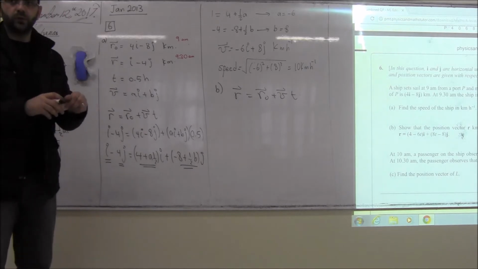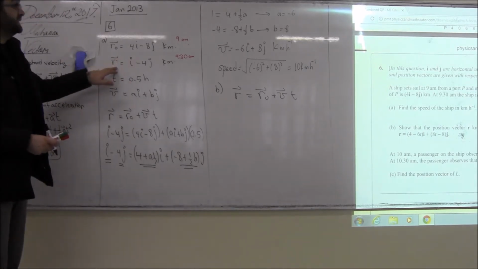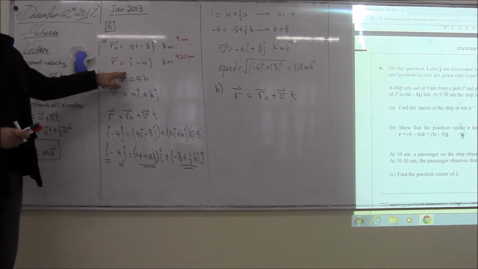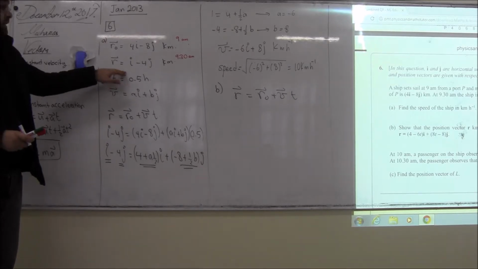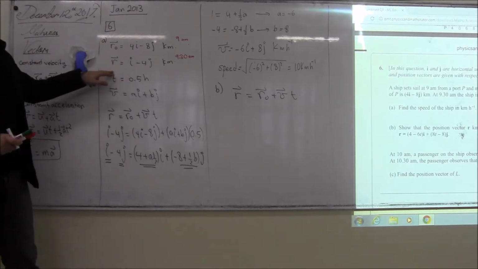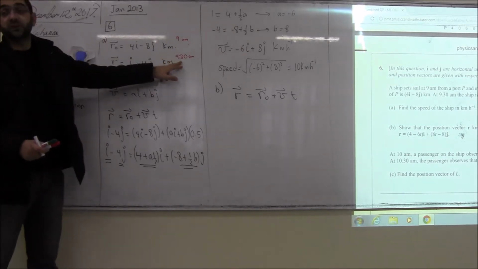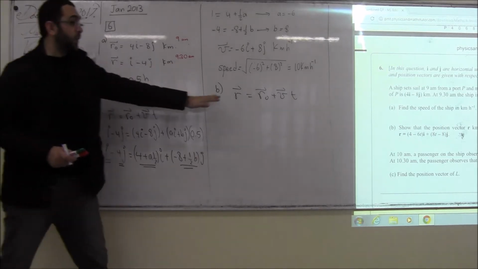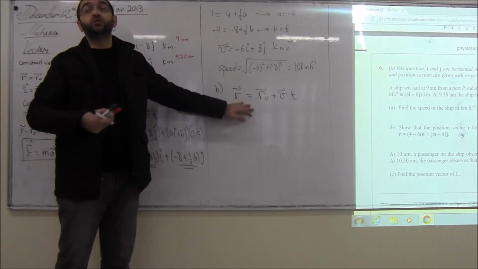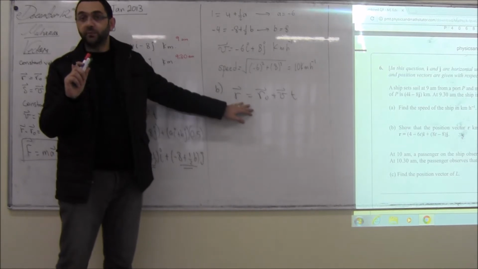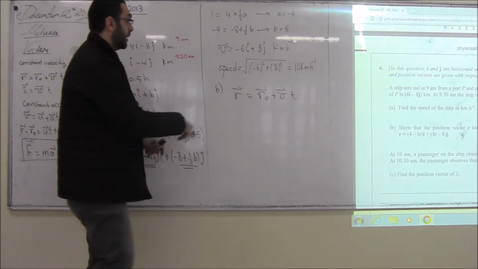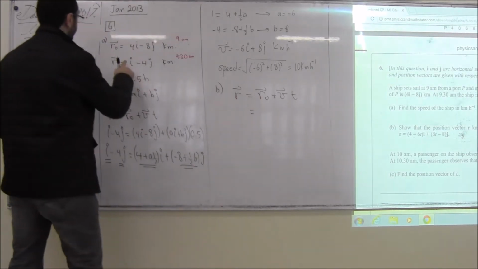Girls, pay attention now. This is the final position, Jasmine, but at time 9:30. Now I will find the final position at any time, in terms of t. R naught, what is r naught?